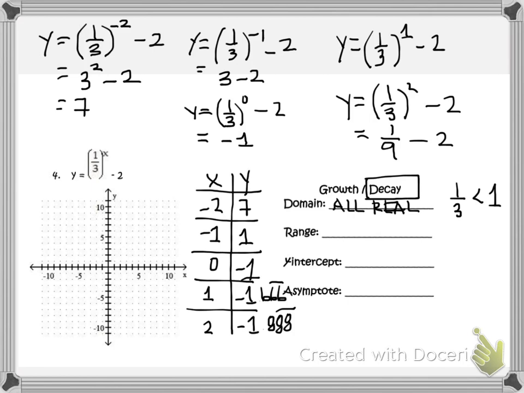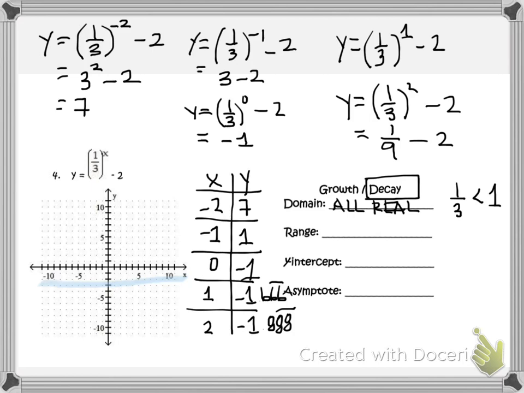Okay, so the asymptote here, okay, it's a decay problem. So as my x value gets larger and larger and larger, my y value is getting closer and closer to -2, but it's never going to touch that -2. Okay, so -2 is down here. So you can just draw that.